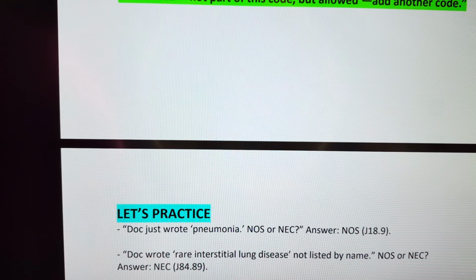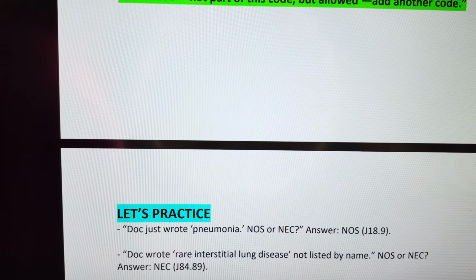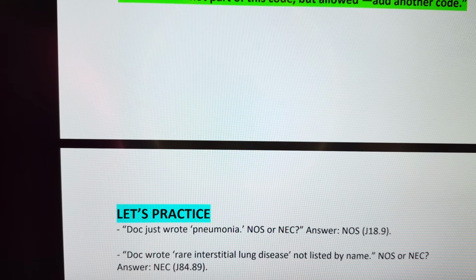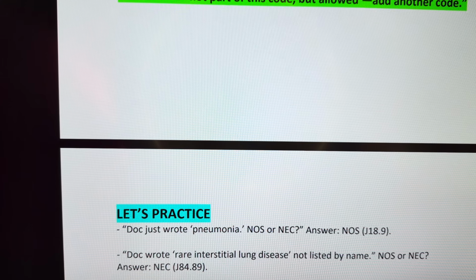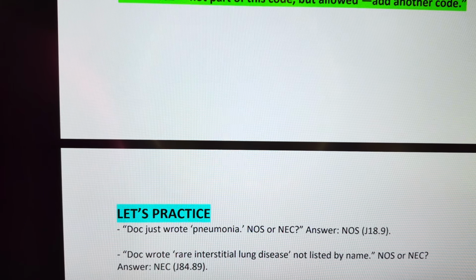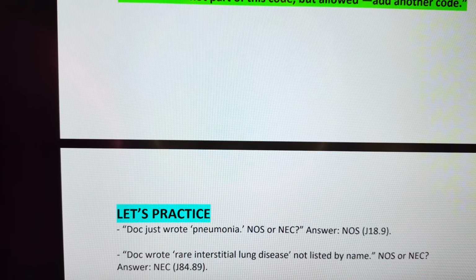The note says acute kidney failure with chronic kidney disease. There's no combination code for it, so we can code them both. Excludes 2 says not part of this code, but it's allowed. Add another code, and you will see this in the tabular list.